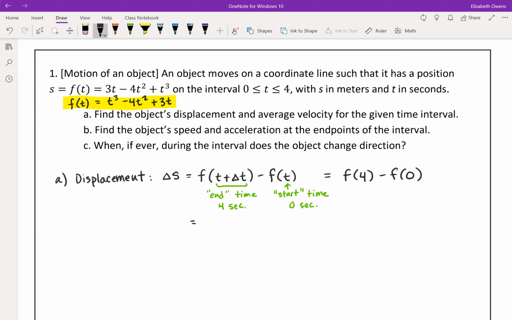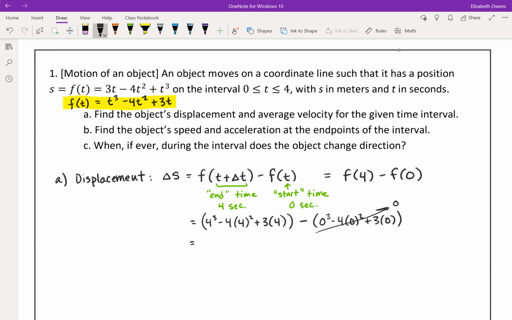So we have 4 cubed minus 4 times 4 squared plus 3 times 4. Okay, there's f of 4 minus f of 0, which if you look at that, plugging in 0 for all of those t's is just going to give us 0. But I'll write it out. 0 cubed minus 4 times 0 squared plus 3 times 0. And now we can really see that that is all just 0.